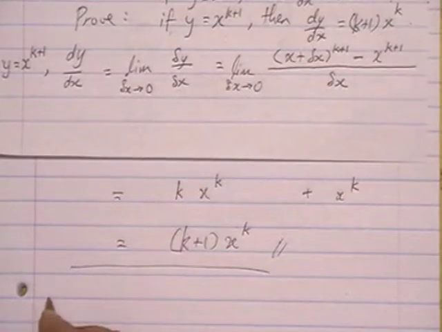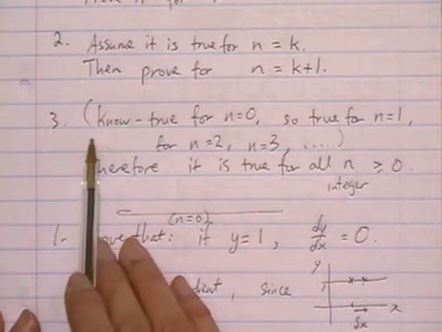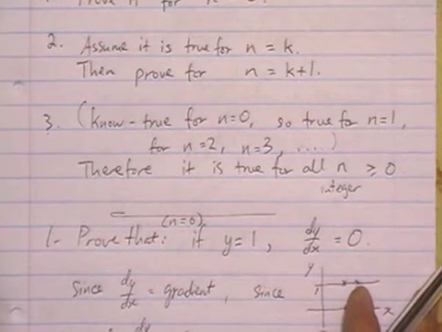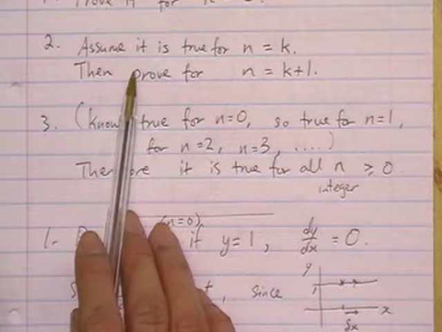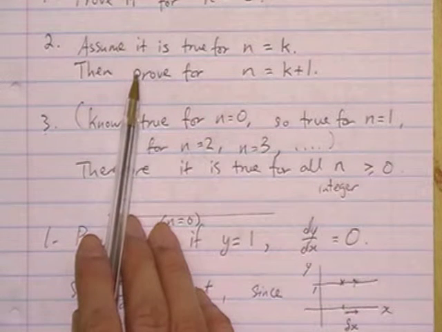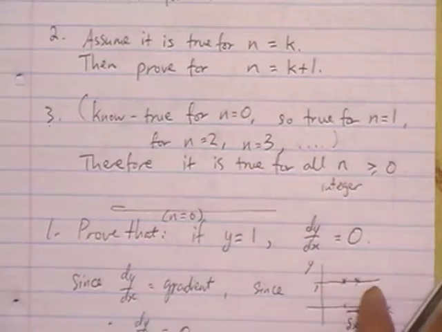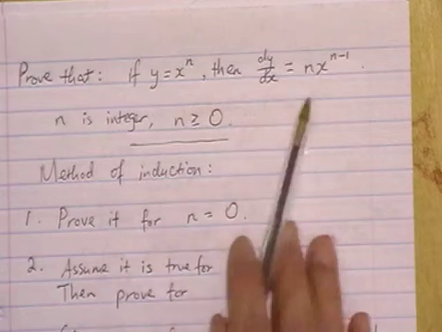Now in step 3, if we look back at what I've written earlier, using this reasoning, if steps 1 and 2 are true, then this statement must be true for all n.